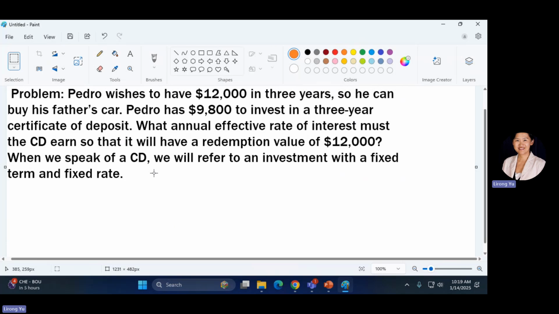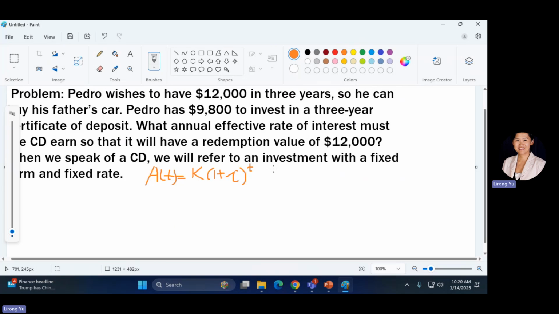So our original model is like this. We have A_T equal to K times 1 plus I to the power T. Okay, so if you think of which part of these numbers belong to which part, the 9,800 will be the K, the I we don't know, so we are supposed to solve for it.